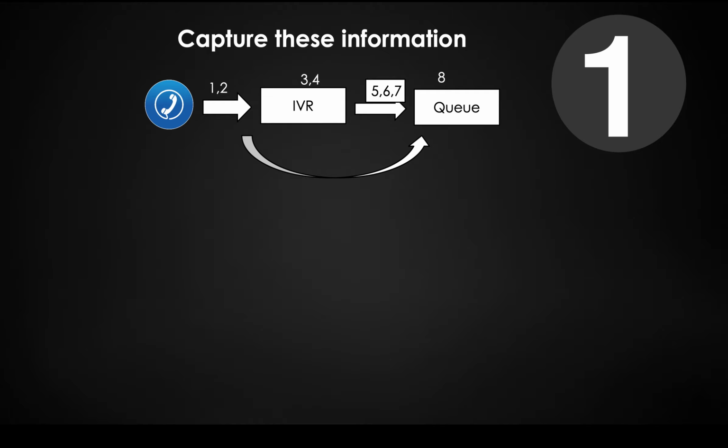There might be multiple scenarios. The customer is calling and can do self-service in the IVR. They can do self-service in the IVR but still want to talk to an agent, or they don't want to do self-service in the IVR and always want to talk to an agent.